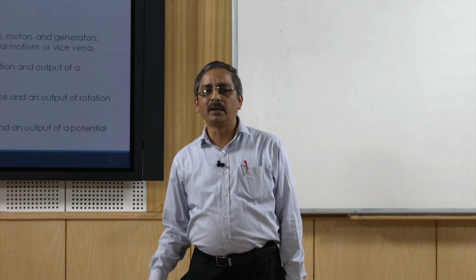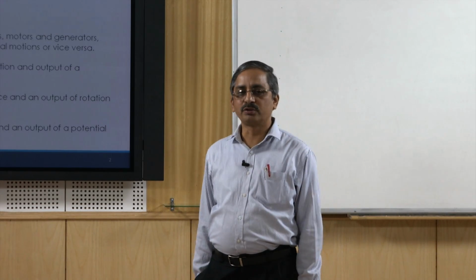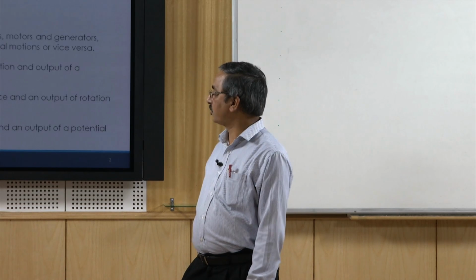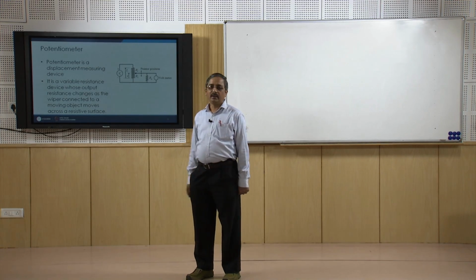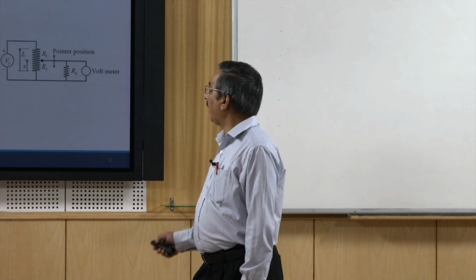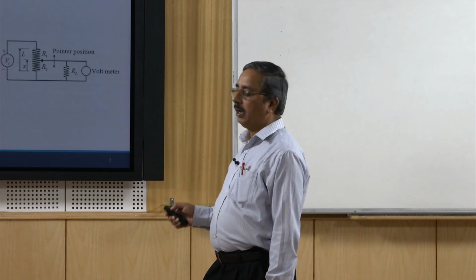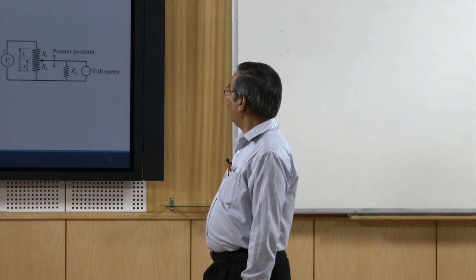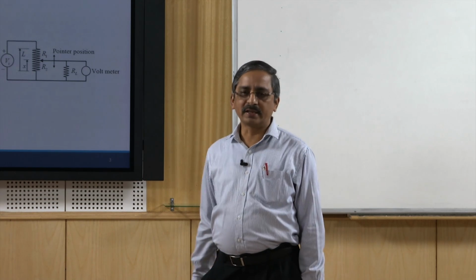Of course, there are many more examples which you can refer to in some of the standard textbooks. First, let us take the case of the potentiometer. We know that a potentiometer is used for measurement of rotation or translation.